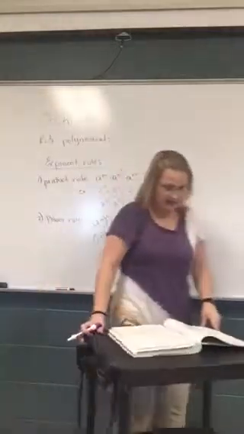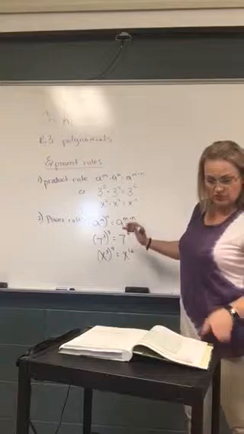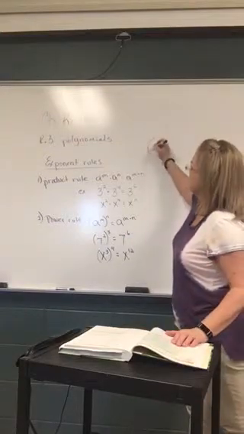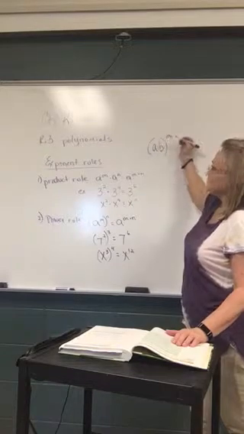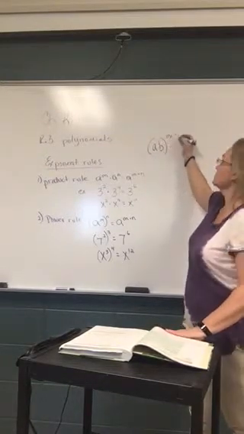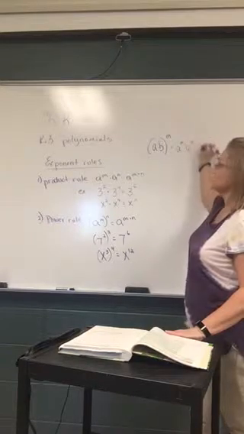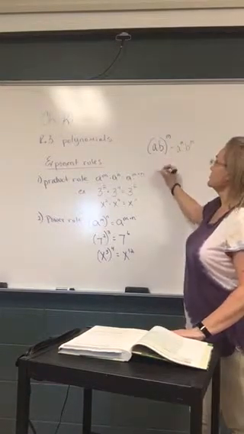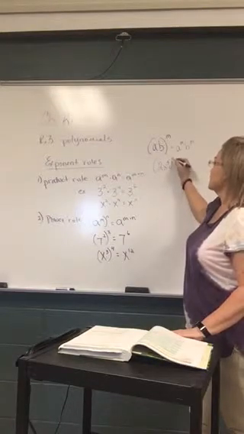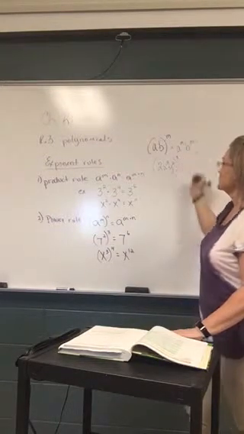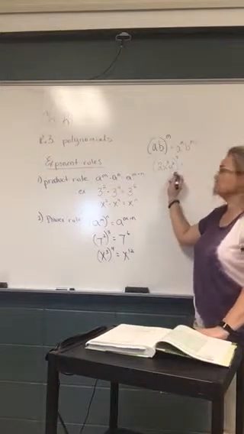Alright, also kind of different parts of the power rule, that's considered the power rule, but so is this. If you have two parts inside of the parenthesis, so they're times, a times b raised to the m, then the a goes to the m and the b goes to the m. So if we had a parenthesis, say 2x cubed y to the second, and then we raise that to the third, that would mean by the power rule that every item in that parenthesis should be cubed.